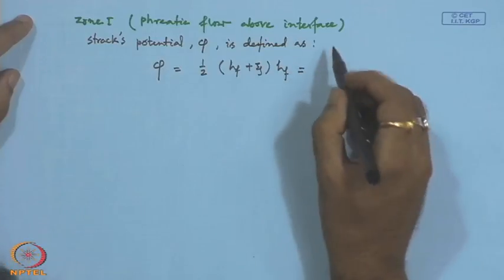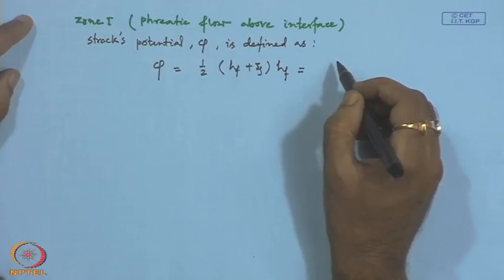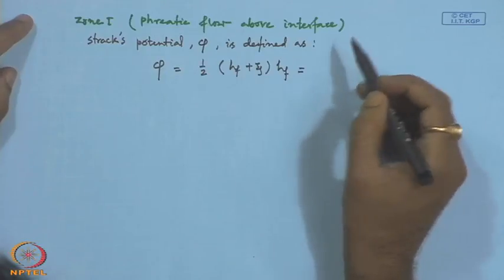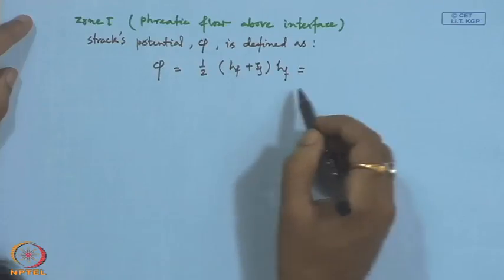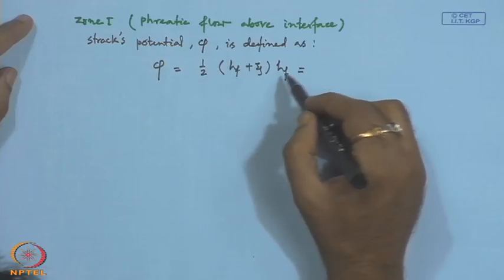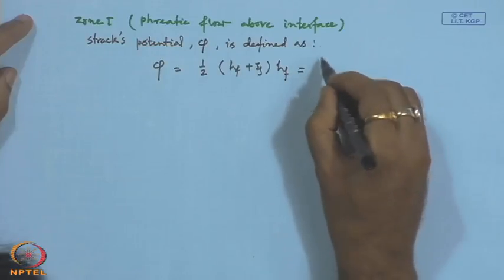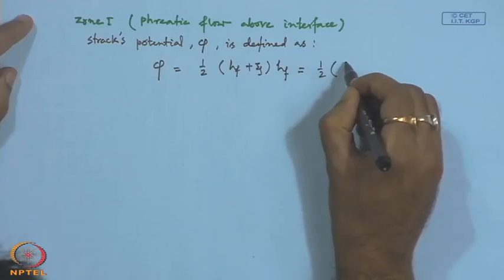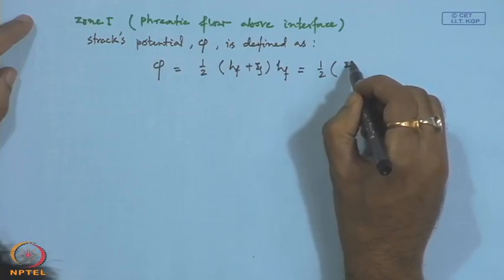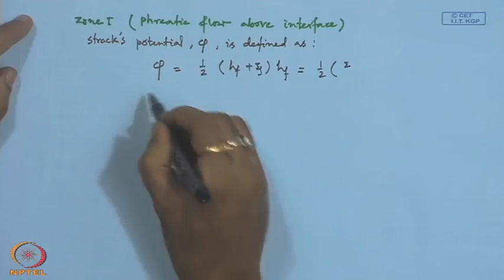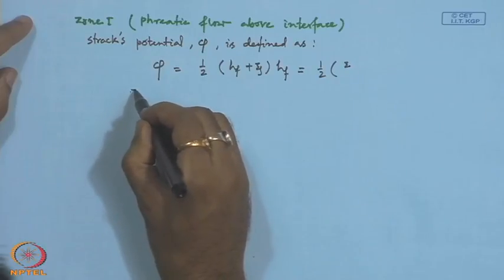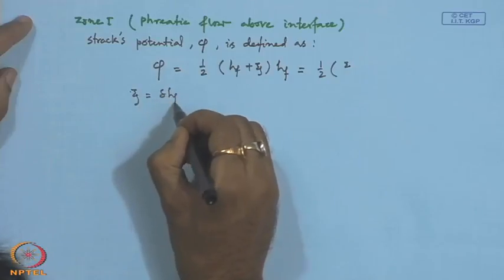Using the Ghyben-Herzberg principle for a phreatic aquifer, we have xi equals delta into HF.